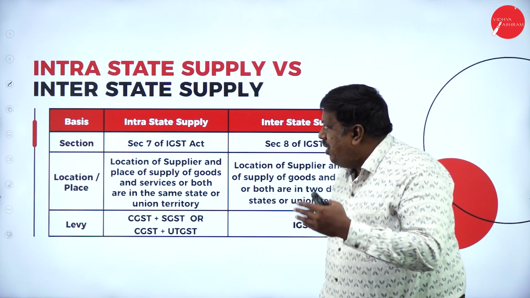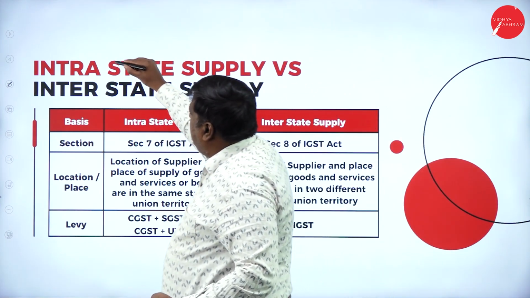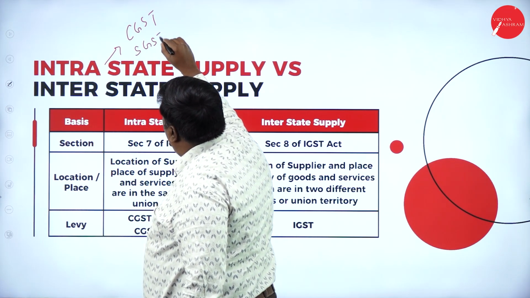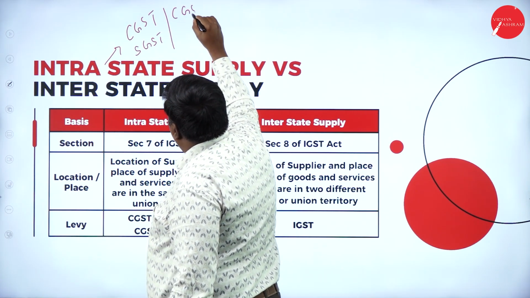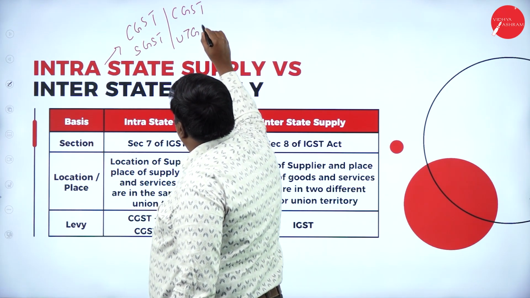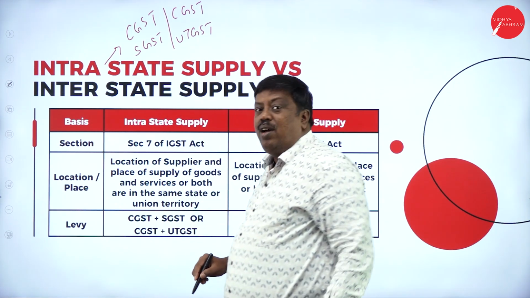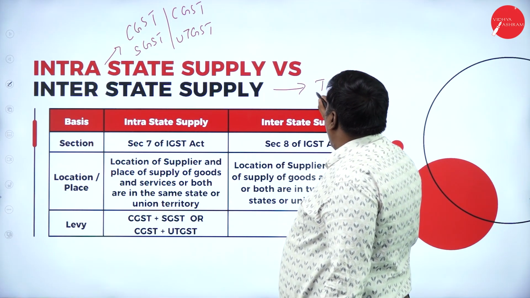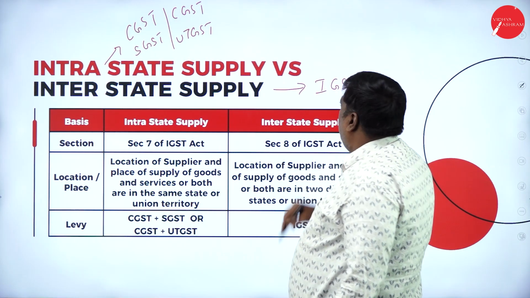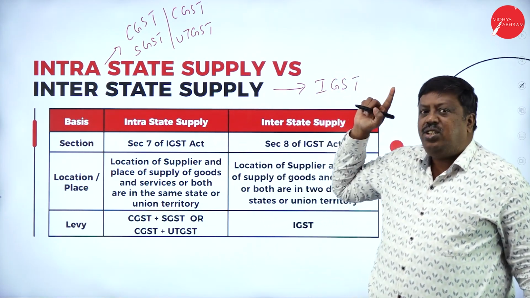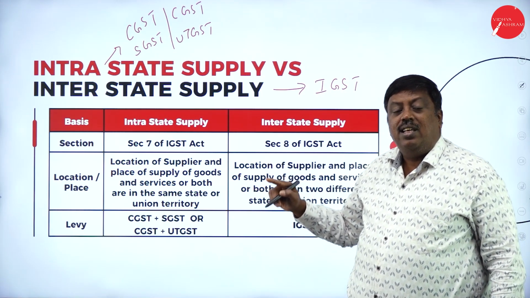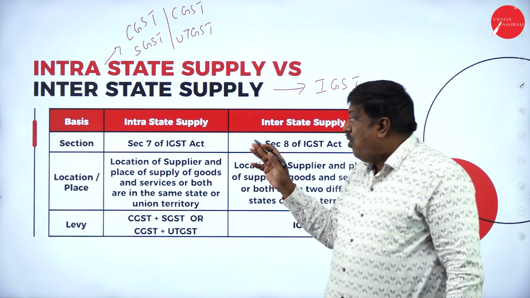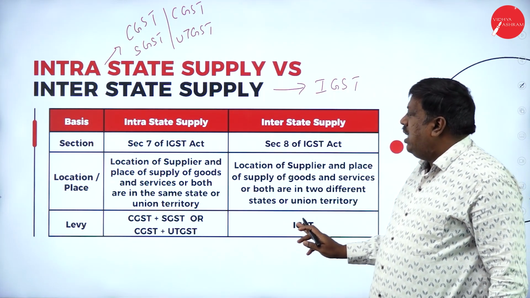For intrastate it is CGST and SGST, or CGST and UTGST, any one. For interstate we have IGST.